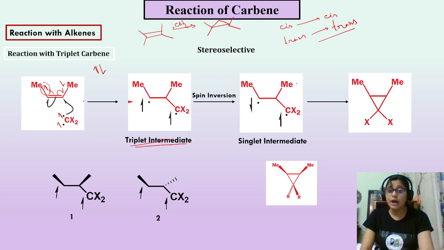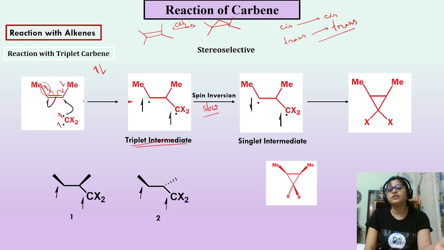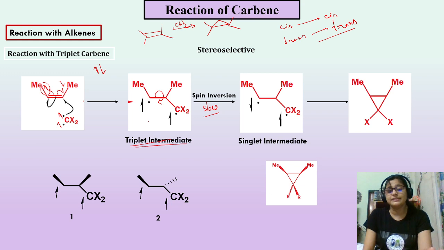But one important thing: the spin inversion is a slow process. While it is going on, there is the possibility of rotation of this single bond, so here it is twisted.